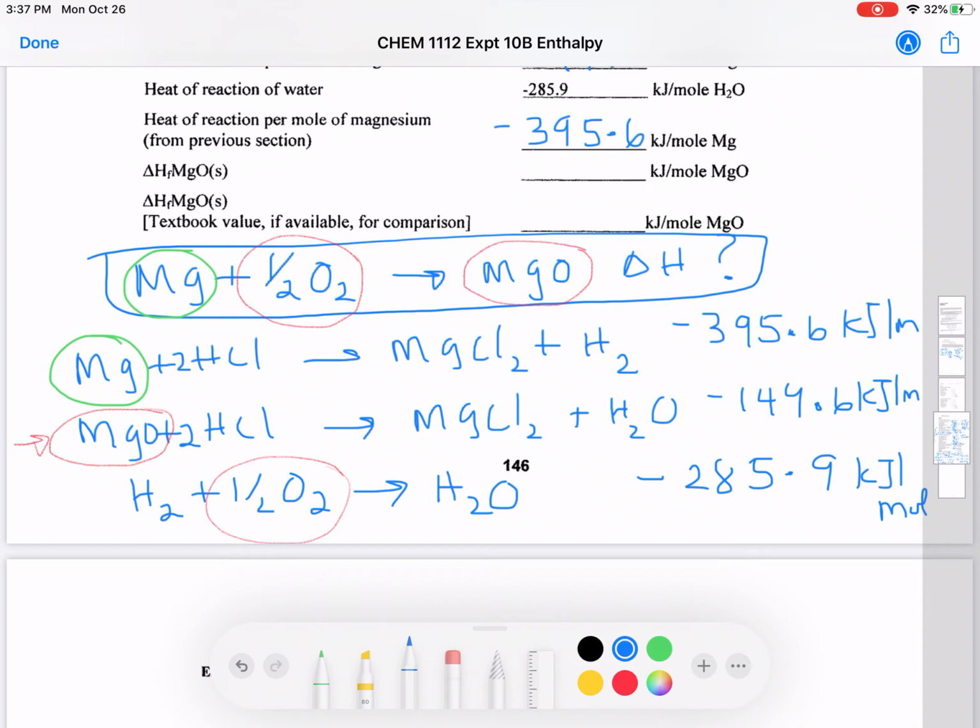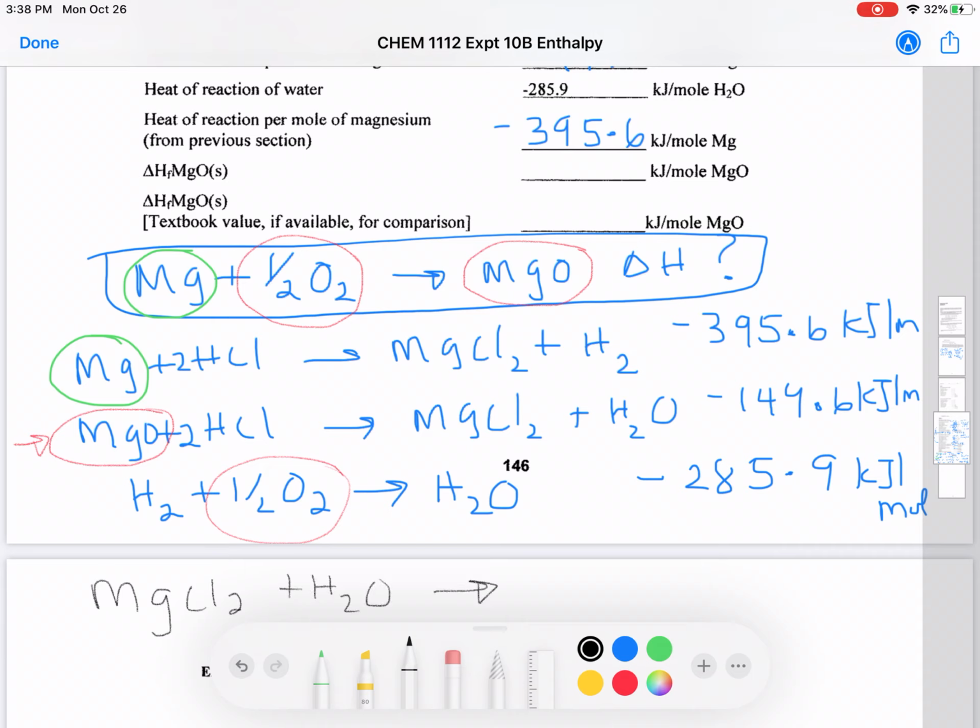When you reverse it, it would become MgCl2 plus water.